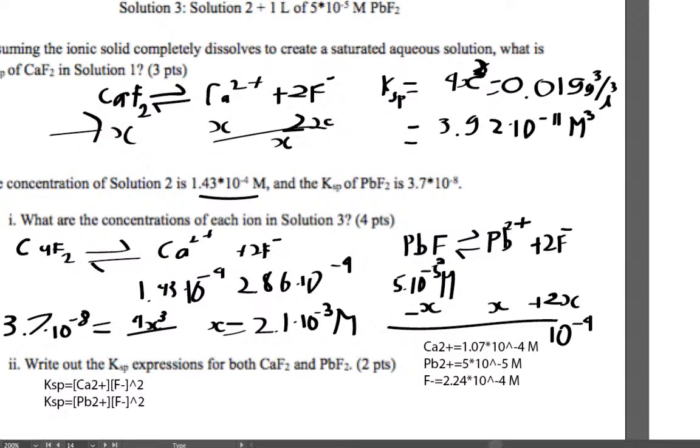After that, you just need to calculate the one for the fluorine, which is something we have already done. 2.86 multiplied by 3, because that's the amount of liters there, and then you add 10 to the power of negative 4. This is just simple addition.